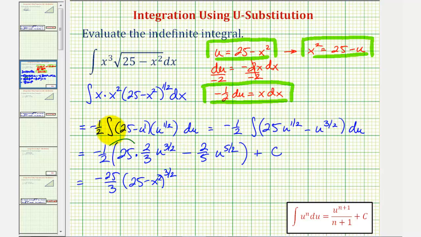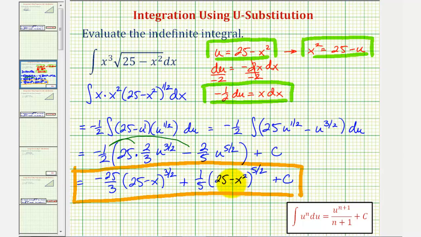Now for the next product, notice how we have a negative times a negative, that's going to be positive or plus. Once again, notice how the 2's simplify out, so we have 1/5 times u to the 5/2, but again u is 25 minus x squared, so this quantity is raised to the 5/2 power, and then we have plus C. This would be our antiderivative.